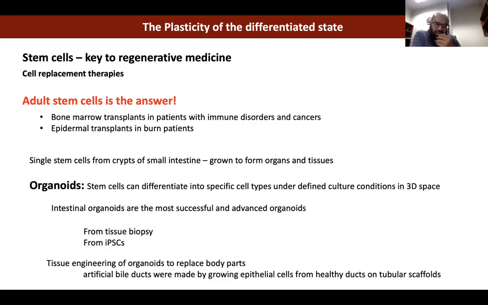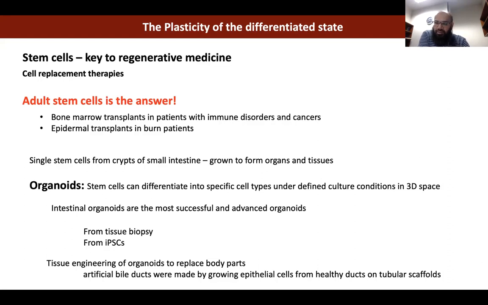In organoids, what you do is take stem cells and differentiate them into specific types under specific culture conditions. But the important thing is that you do this in a 3D space. So you provide a three-dimensional meshwork, or a three-dimensional matrix, which can be both artificial or natural.